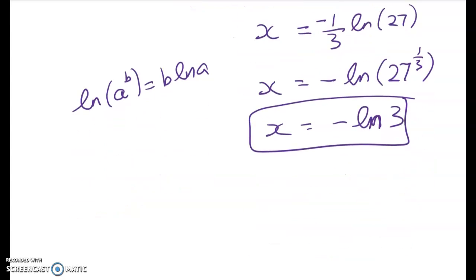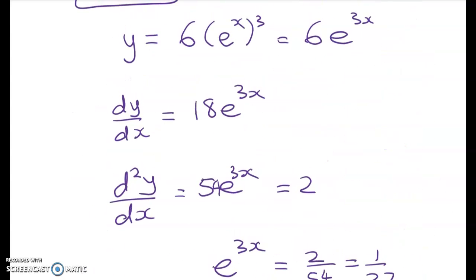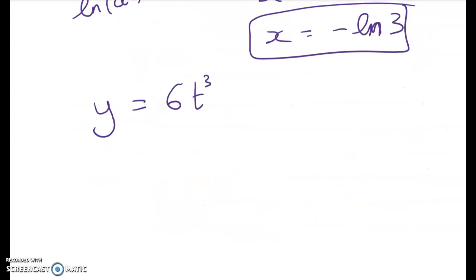Lastly, we need to substitute back in to get y. No, we want y directly from the x. So y is equal to 6 times e to the 3x.